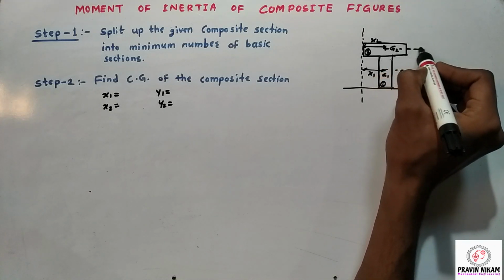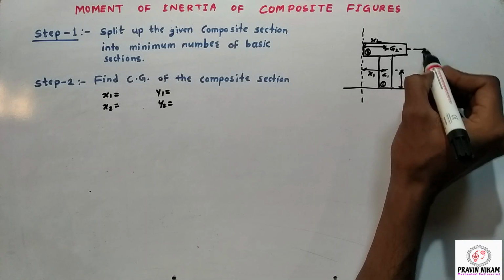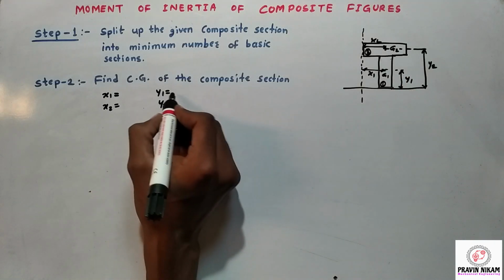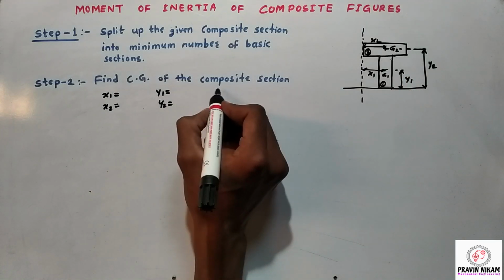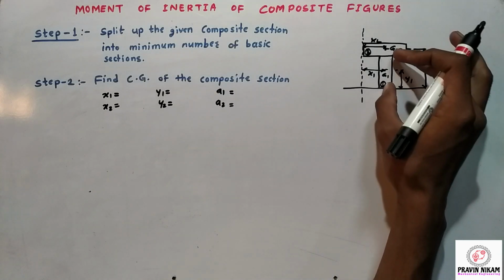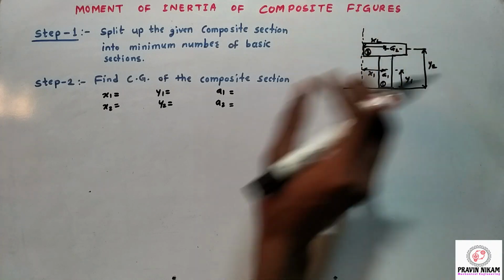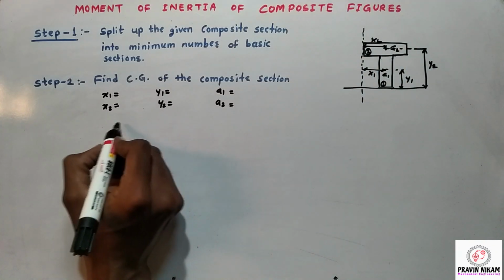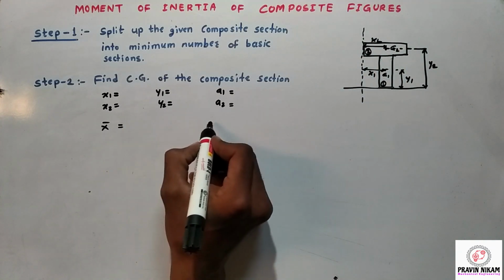Then find the area of section 1 and the area of section 2, and then use the formulas of x bar and y bar.